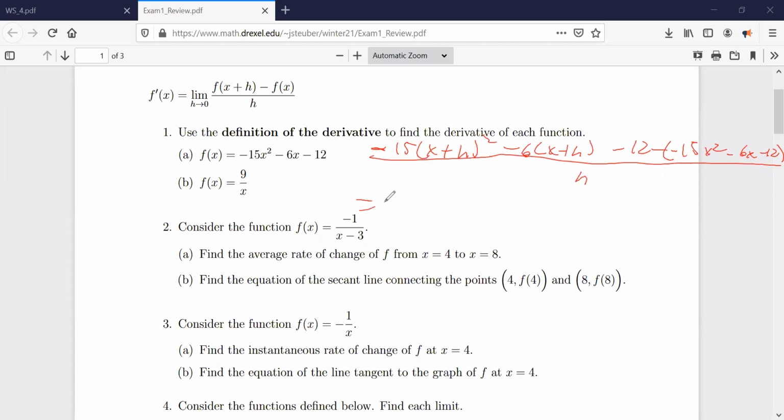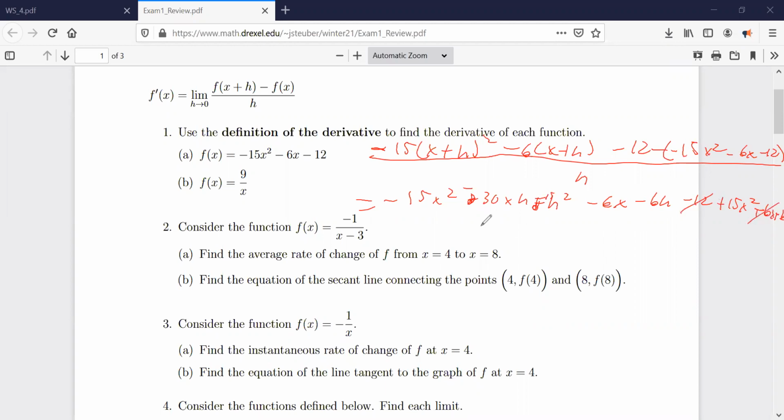So this guy becomes negative 15x squared plus 30xh plus, or minus, 15h squared. You should also be minus there. So minus, minus, minus. And then minus 6x minus 6h minus 12 plus 15x squared plus 6x plus 12.